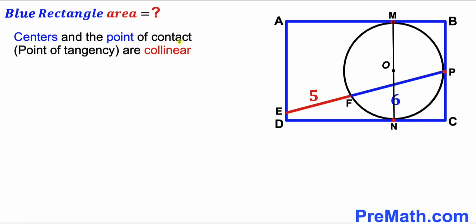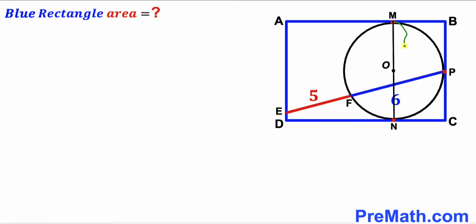Let's recall this crucial fact: the centers and the points of tangency are collinear. So no wonder these points of tangency N, M, and this center O lie on the very same line. We can see MN is the diameter of this circle.